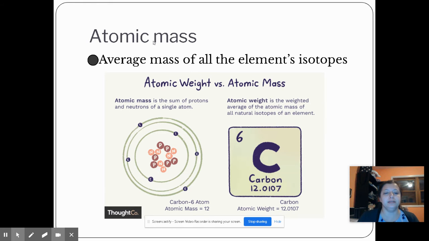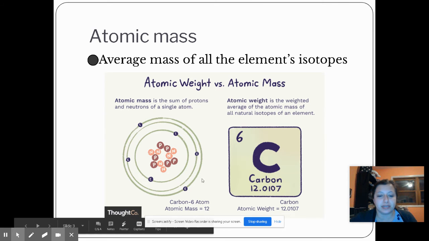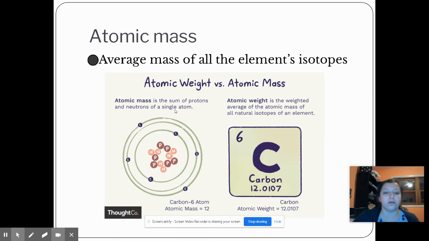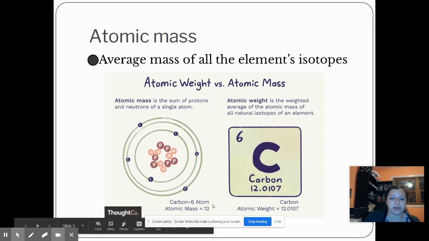All right, atomic mass. We've already talked about it: atomic mass is the number of protons and neutrons. Even though you're given one single number for the atomic mass, for example 12, you can deduce it's the number of protons plus neutrons. So if it's 12, it's 6 and 6.